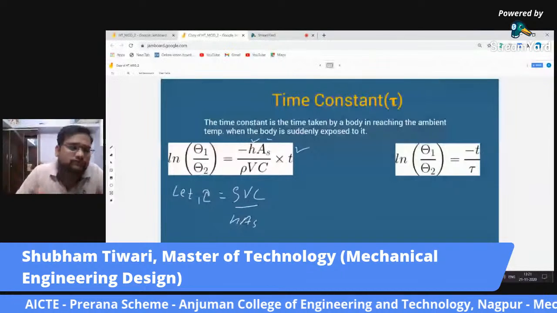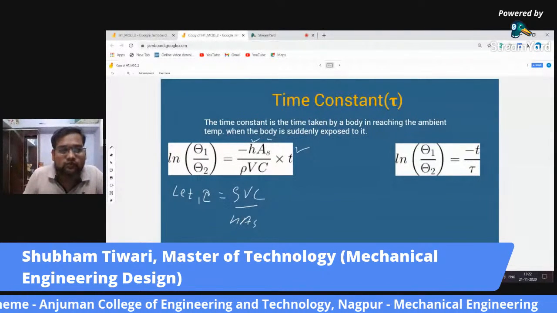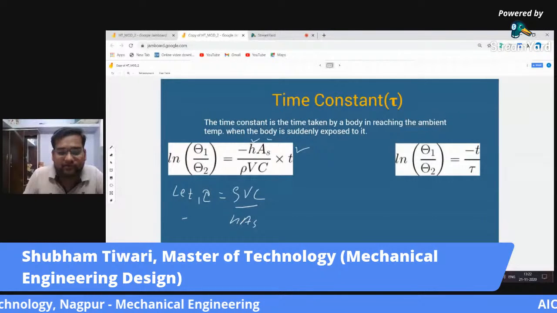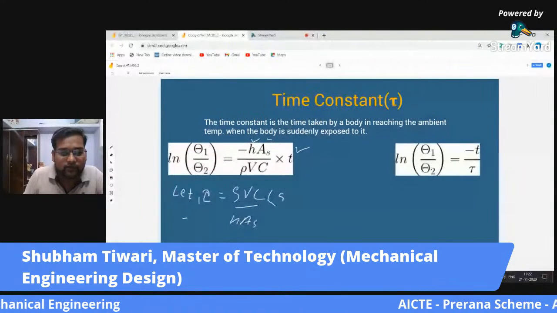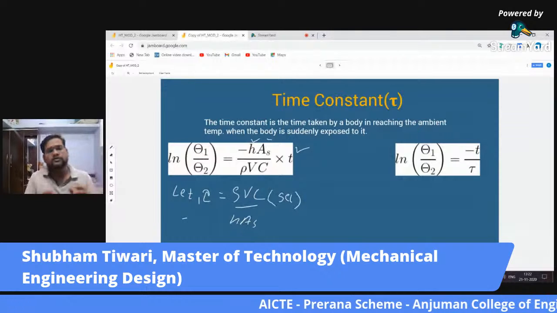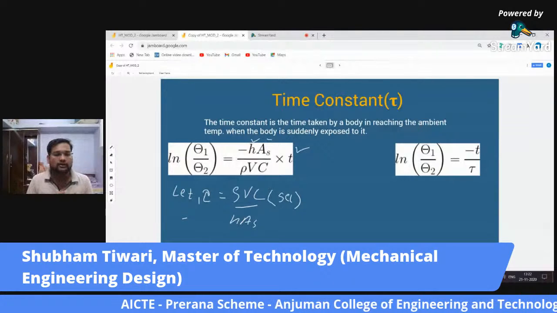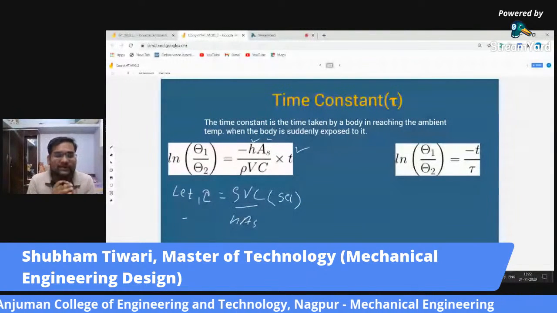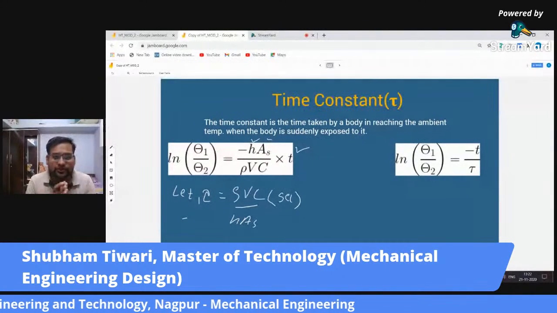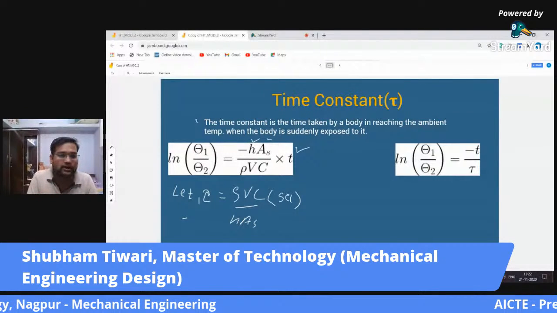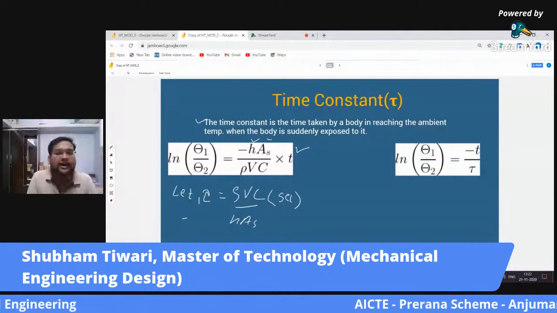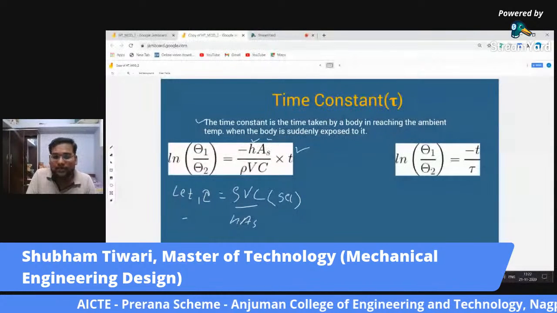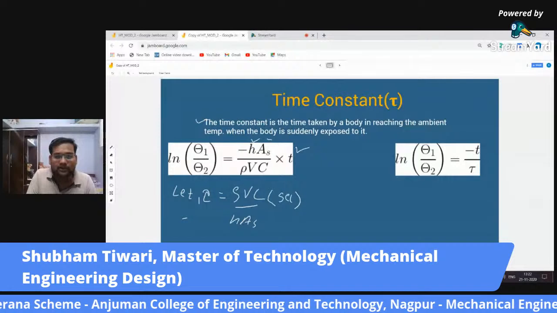So the time constant tau here is rho V c upon hAs. If we put the values of unit here, we will find that the unit of tau comes in seconds. So essentially, tau is nothing but some amount of time. Now, what does this amount of time signify? The time constant is the time taken by a body in reaching the ambient temperature when the body is suddenly exposed to it.